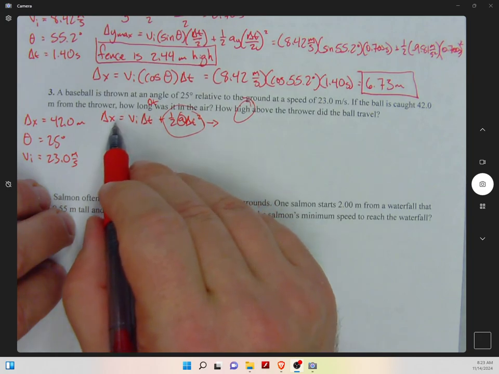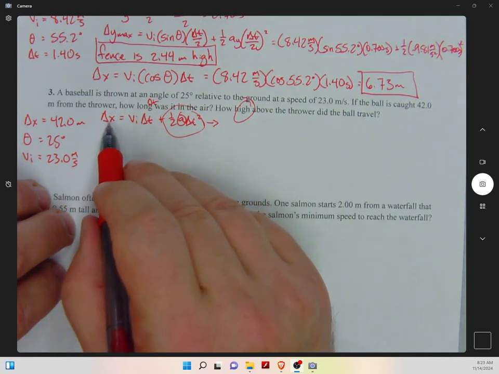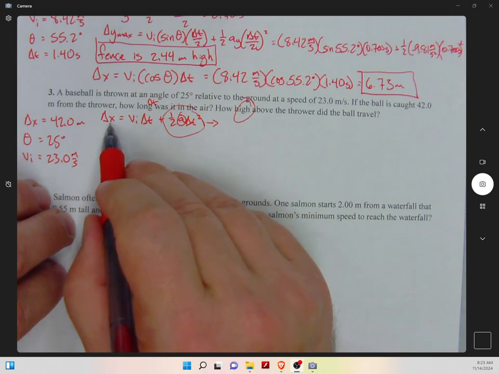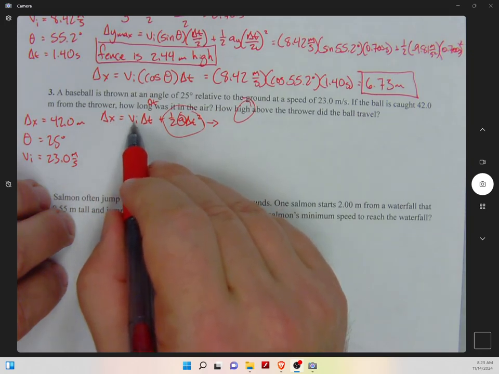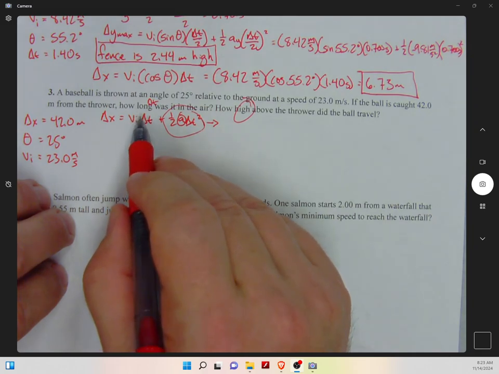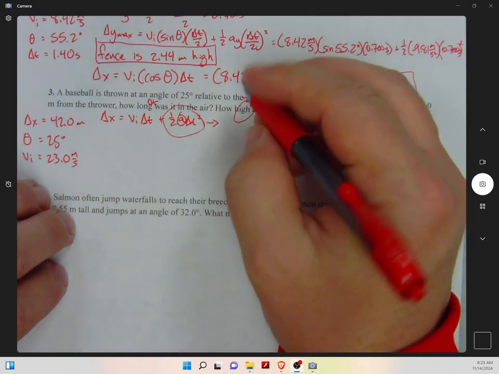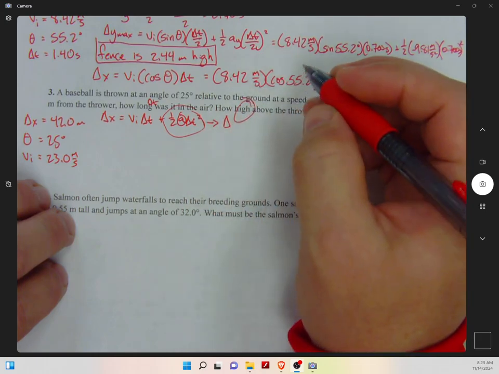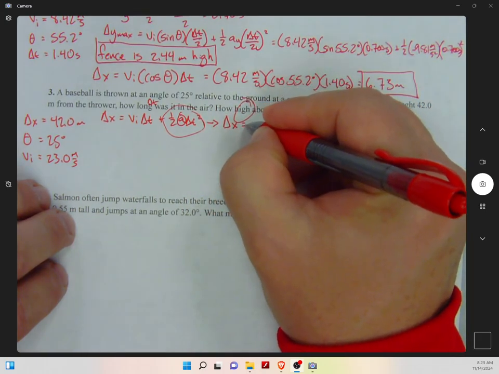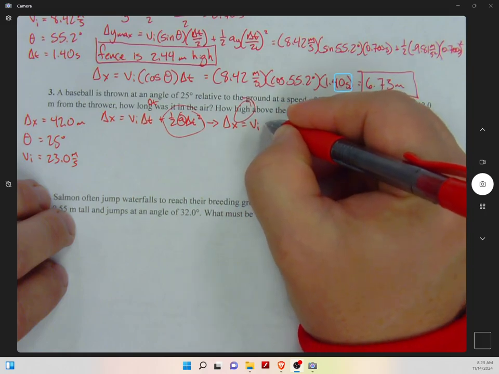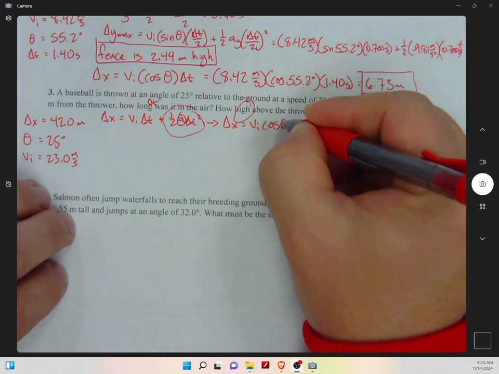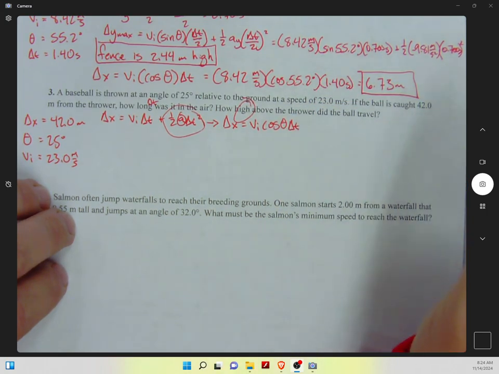Additionally, I'm just looking for the time spent in the air in the x direction. The initial velocity is not only the x component, but the x and y components synthesized together, so I want to make this only the x component. That's going to be vi cosine theta delta t.